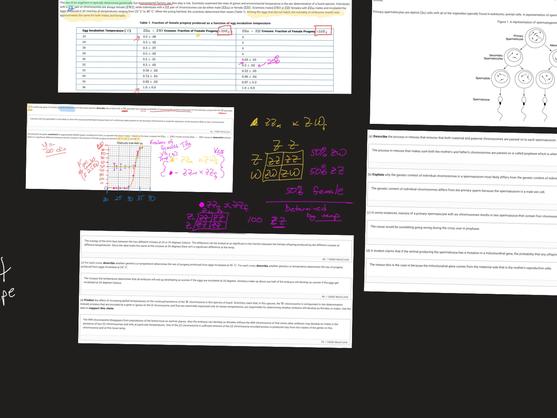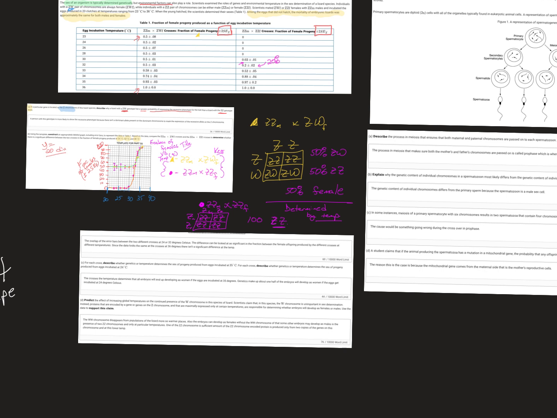So if the parent had it to give, the egg or the sperm would get it. Nowhere in here does it describe the idea that you're going to get a W chromosome or not depending on the environmental temperature. So there will be no impact of temperature on whether there is a W chromosome in the population or not.